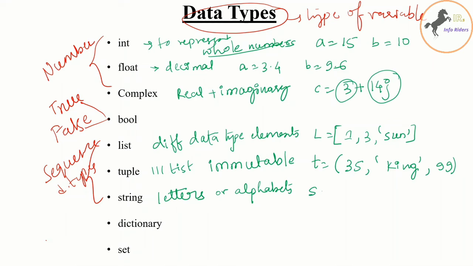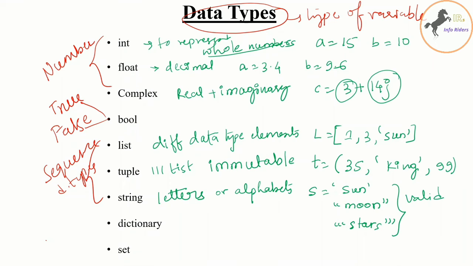For example, string is equal to, the syntax here is you can use single quotes or double quotes or triple quotes to represent the strings. These all are valid strings.